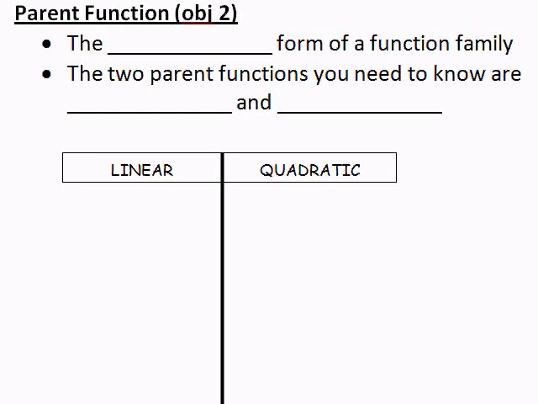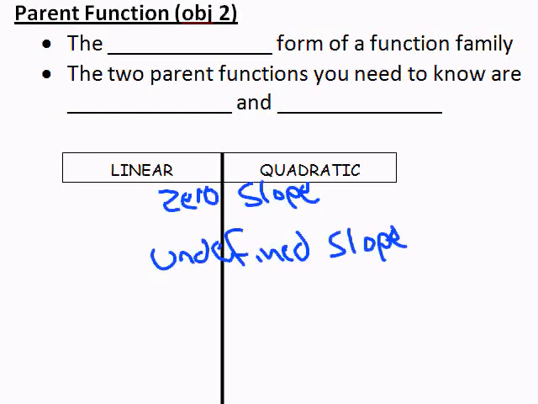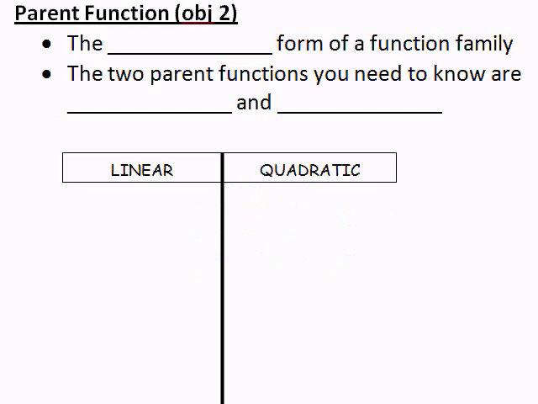So now that we've taken a look at linear functions, we're going to take a look at another type of function, which is quadratic. To do that, we're going to talk about something called the parent function. The parent function is the simplest form of a function family. The two parent functions you need to know are linear and quadratic.